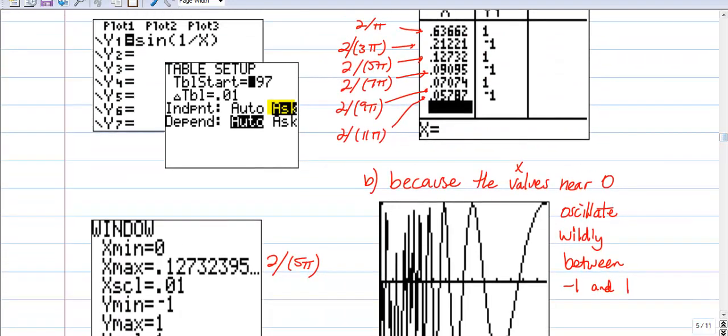And then, so this would be my answer to part A.